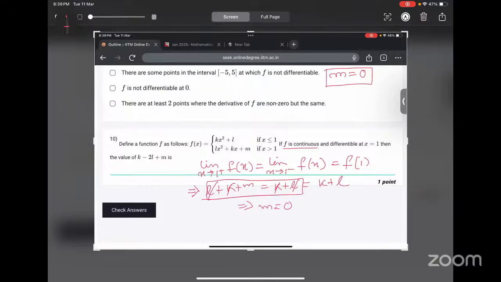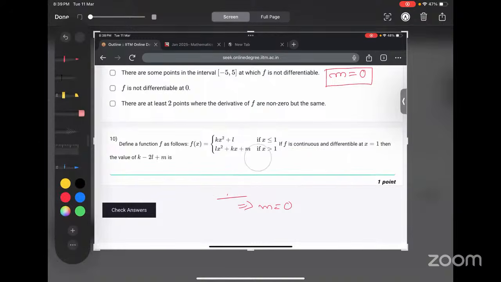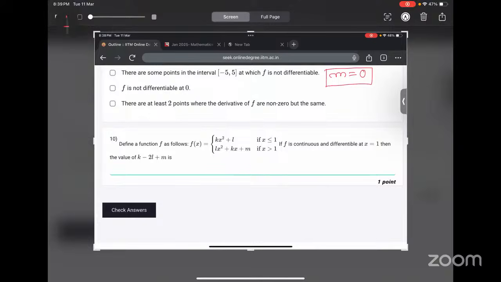Now we will use the second hint and find, if this is differentiable, what should be the values of the other two. What is the left hand derivative?